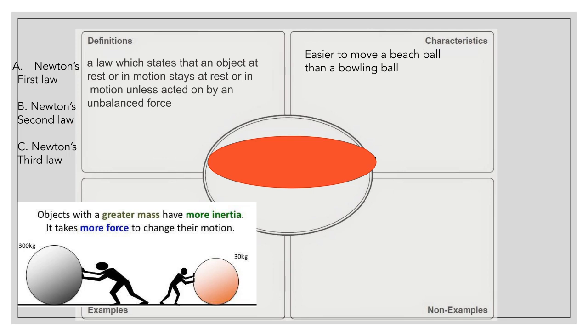A law which states that an object at rest or in motion stays at rest or in motion unless acted on by an unbalanced force. I was looking at this definition here. And of course, this is Newton's first law. Sorry, because we have inertia, which is the property of objects depending on their mass. So it's easier to move a beach ball than a bowling ball.